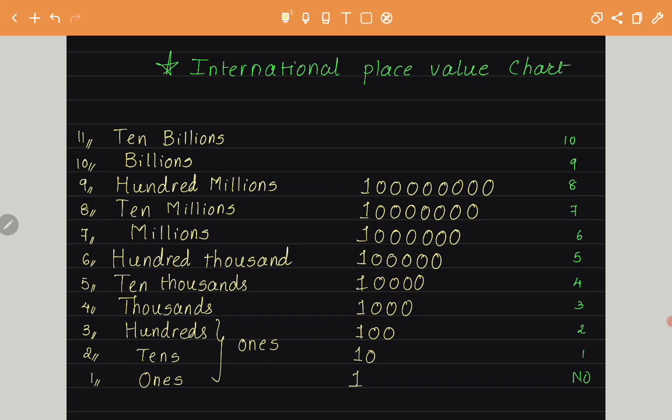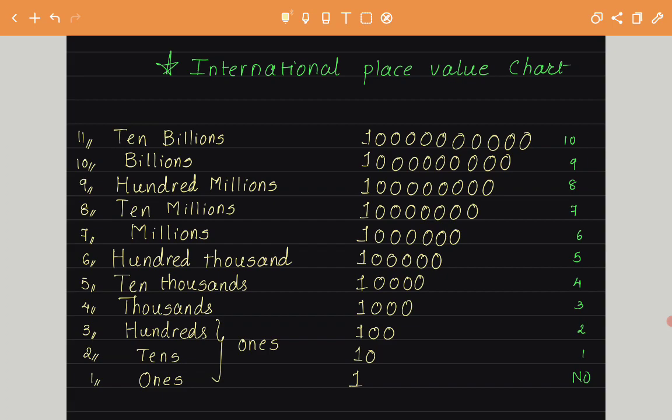In billions 9 zeros. And in 10 billions 10 zeros. Correct? So this is how we can create the international place value chart, or write down the value in it. So this is the ones period in the international system.